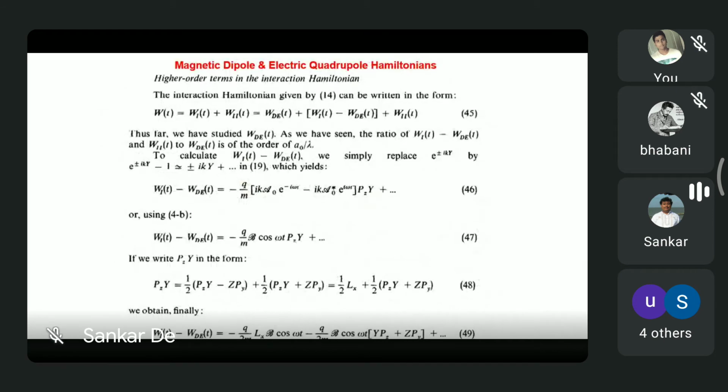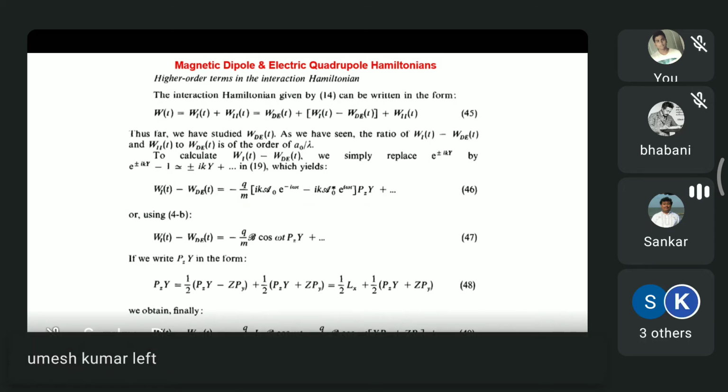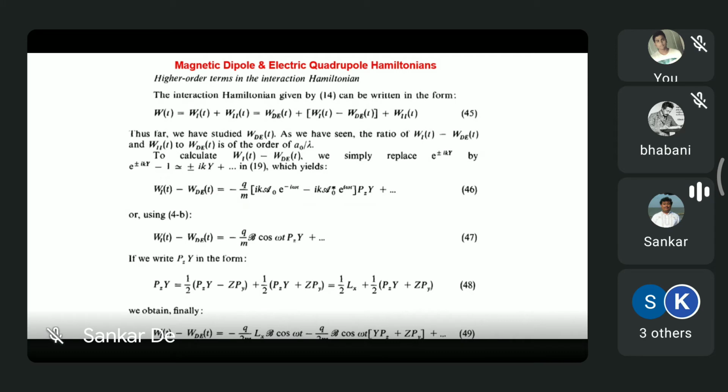we get to this equation 47, where i k A0 and the other term e to the power i omega t minus e to the power minus i omega t came out to be cos omega t, p_z y is there, and then the i k A0 is replaced by B. So we finally got a magnetic field term.